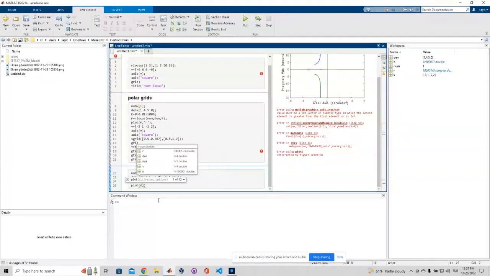You're going to plot your R. Define it as a root locus. Here with this, R will be a root locus of your system.